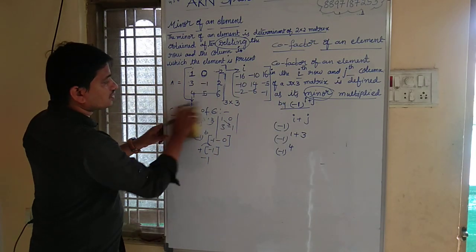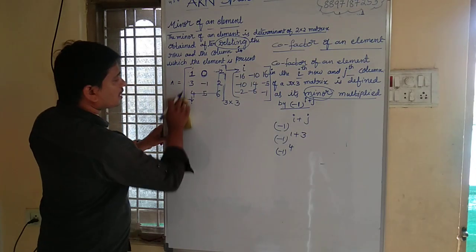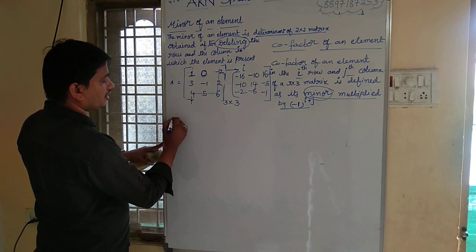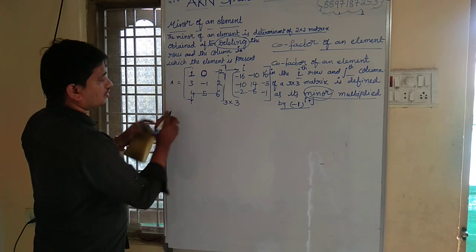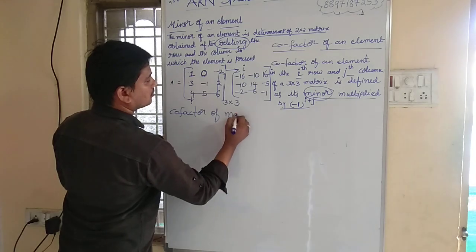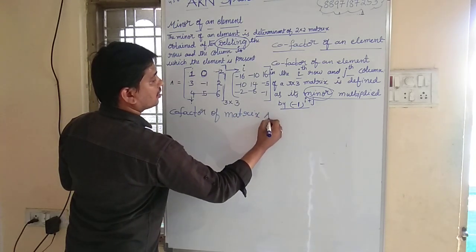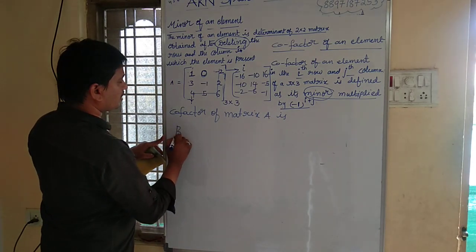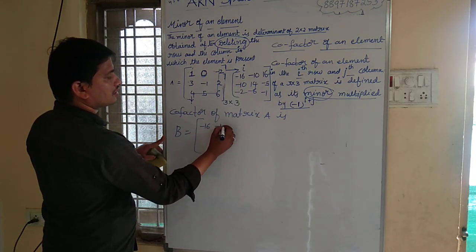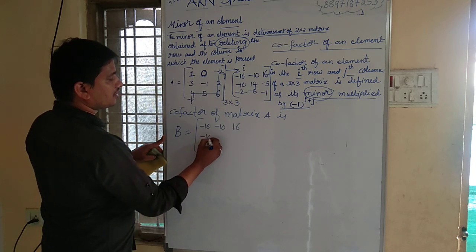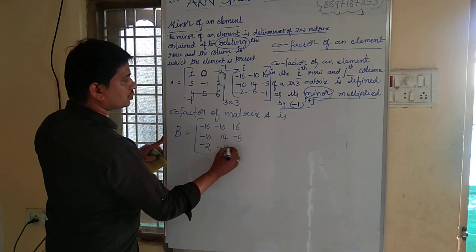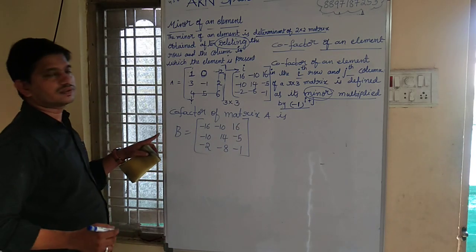Got it? So can you say me what is the cofactor of matrix A? The cofactor of matrix A, you can consider as element B. Cofactor is minus 16, minus 10, 16, minus 10, 14, minus 5, minus 2, minus 8, minus 1.